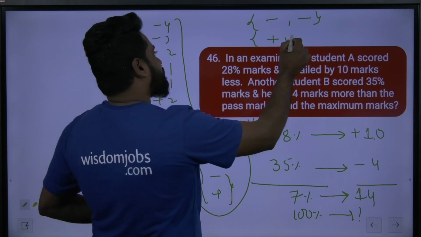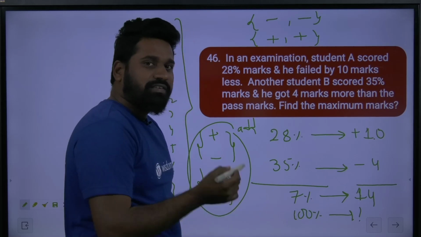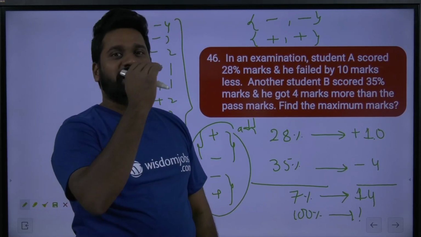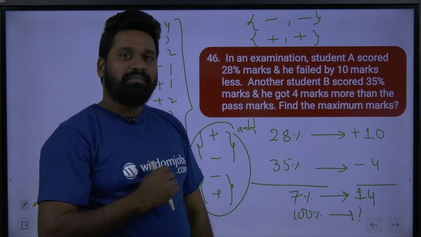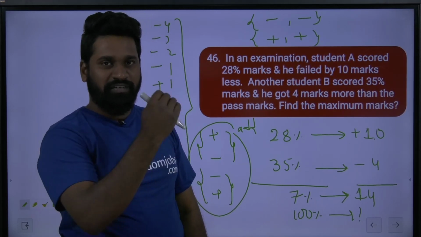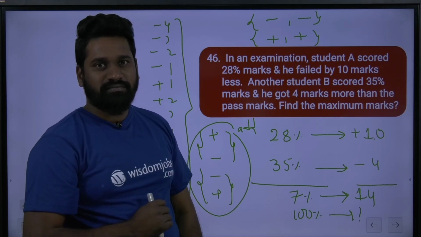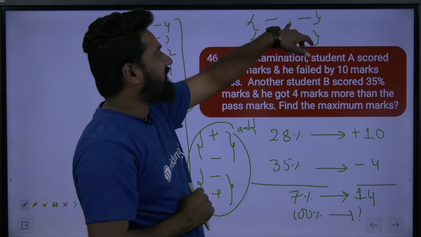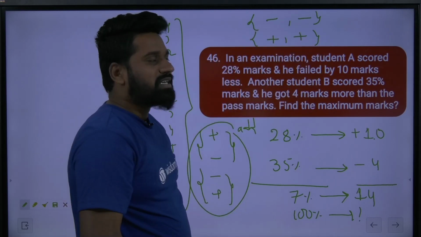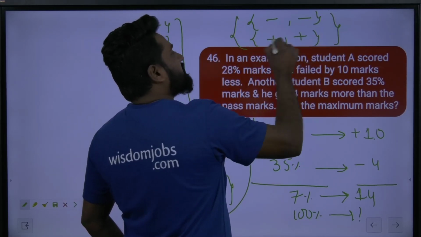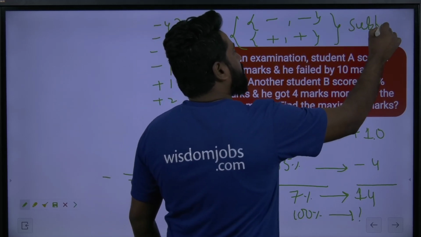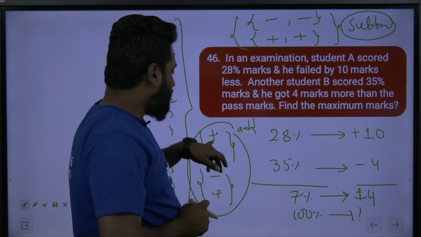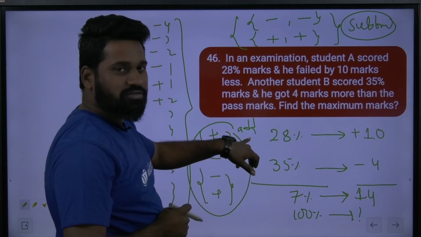For example, first person got 6 marks less than the pass, or he failed by 6 marks, and second person failed by 8 marks. Failed by means plus. We can subtract those two, right? When minus is given for one and plus for the other, then we add those values. You can observe the next example in this case. So if plus minus you are getting, add those two directly.